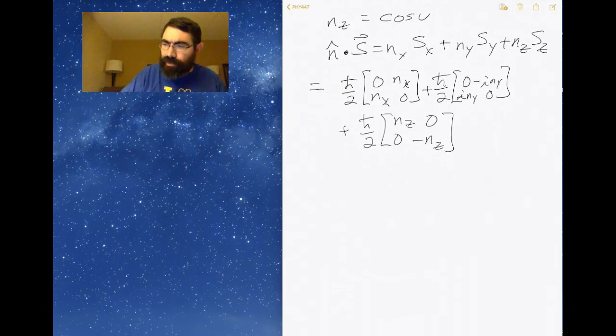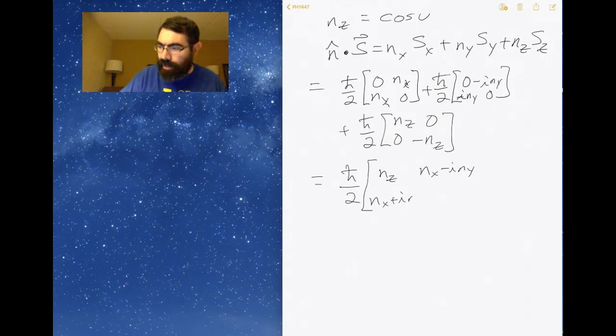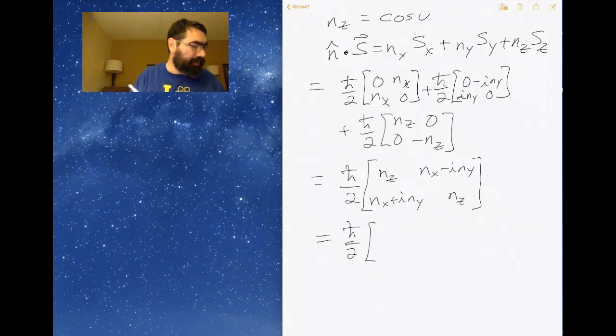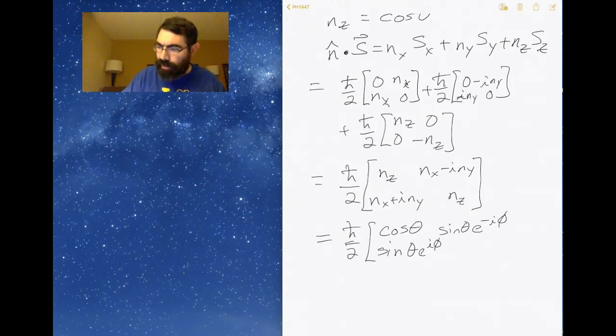So then if you put that all together, you get h bar over 2, n sub z, n x minus i n y, n x plus i n y, minus n z. And if you plug in those functional forms, what you get for this particular case is cosine theta, sine theta e to the minus i phi, sine theta e to the plus i phi, minus, because there's a minus sign in there, cosine theta.